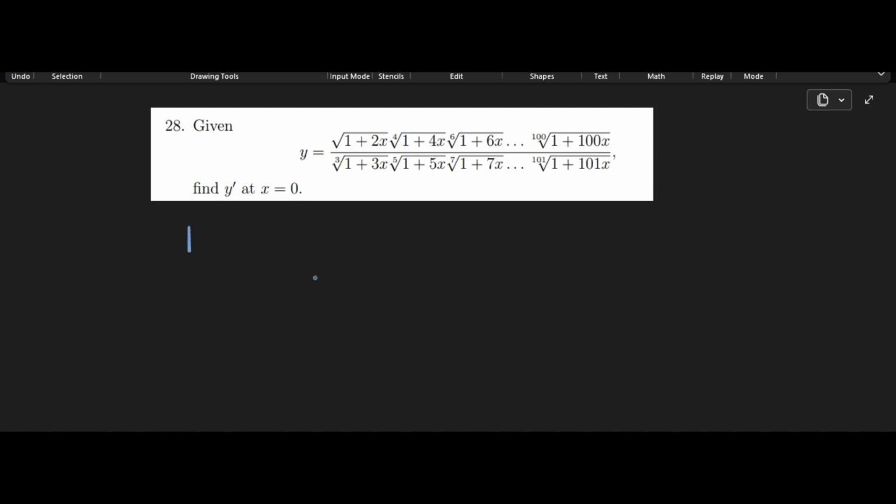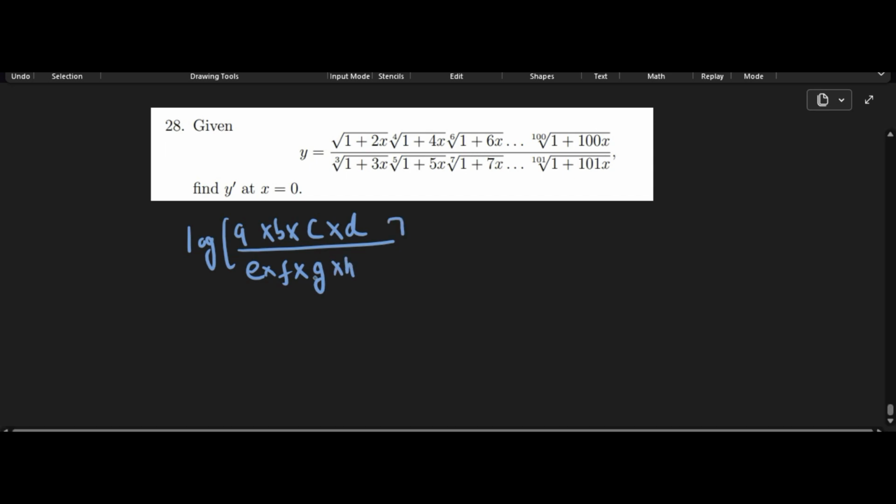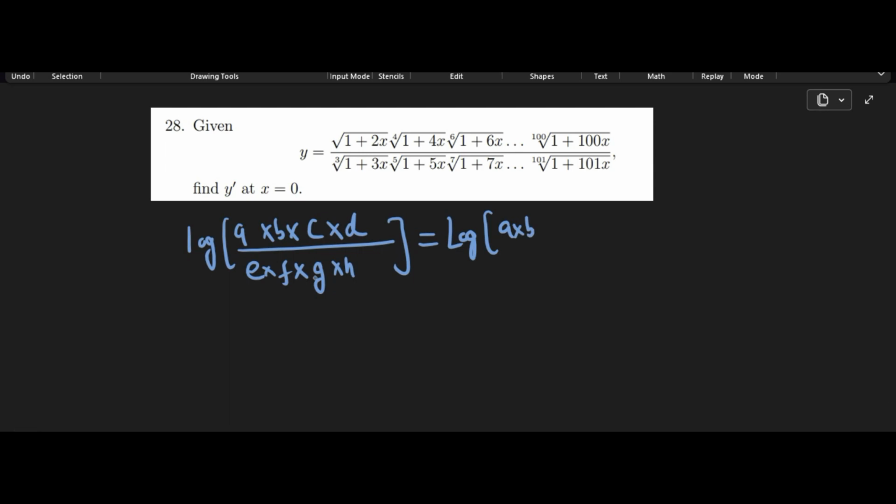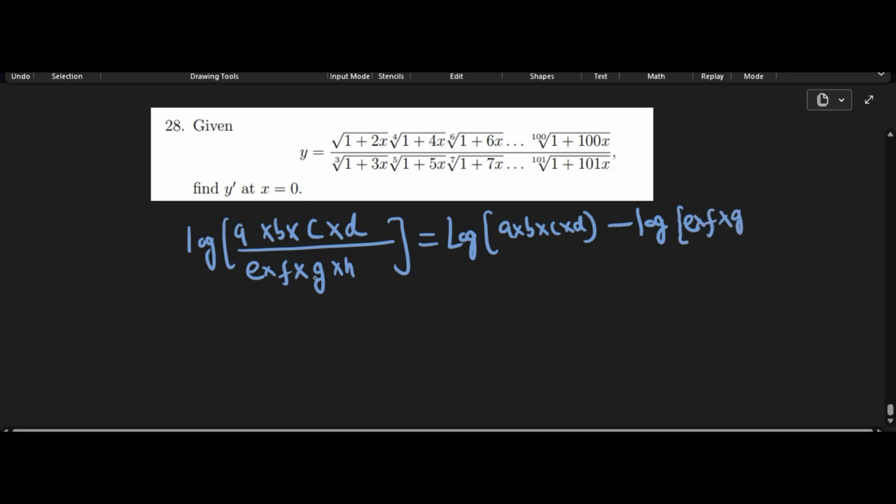Now I know log of a into b into c into d divided by e into f into g into h. If I were to do this, I will write it as log of a into b into c into d minus log of e into f into g into h, and then of course I will open this.